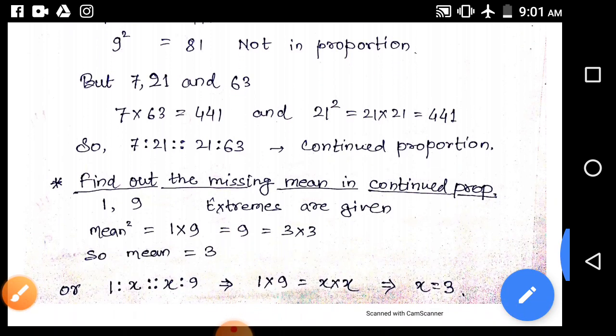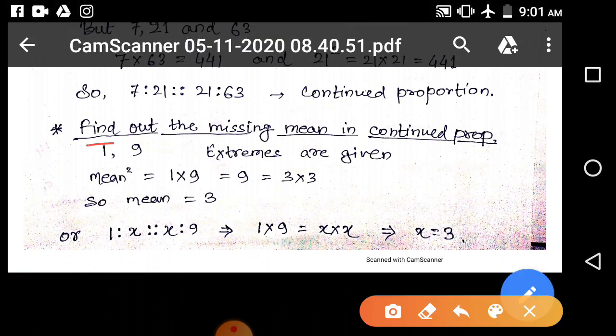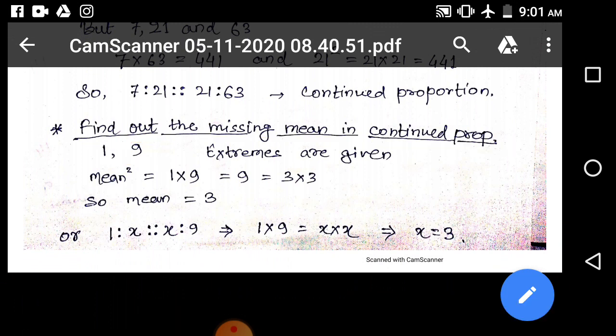Now see the next point, we have to find the missing mean in a continued proportion. We have two extremes given in the question, here in the example we consider 1 and 9 as the two extremes.